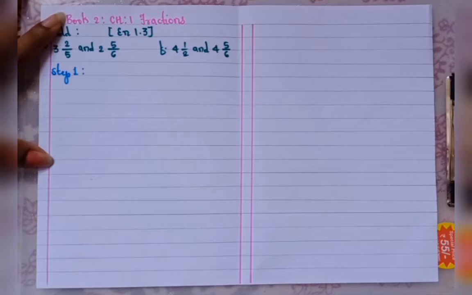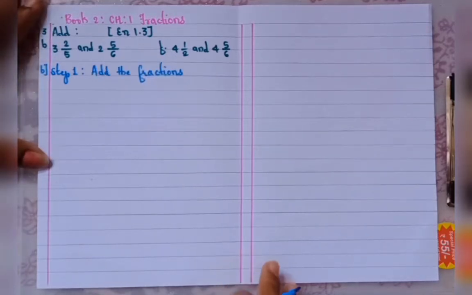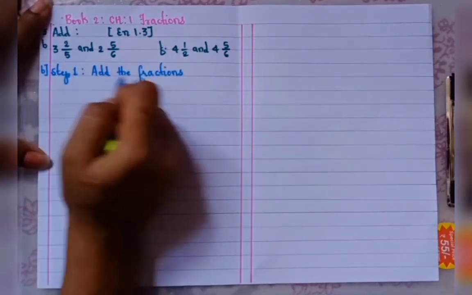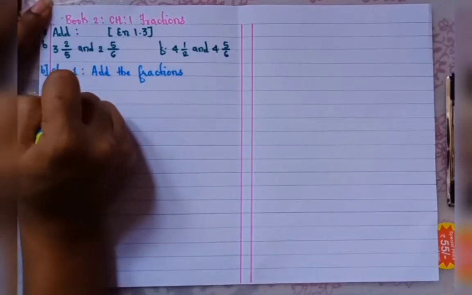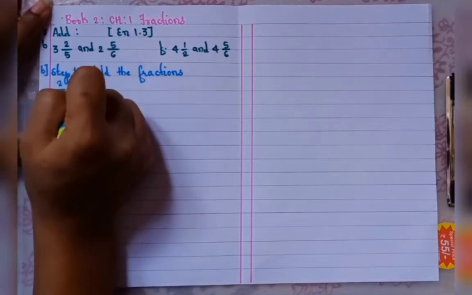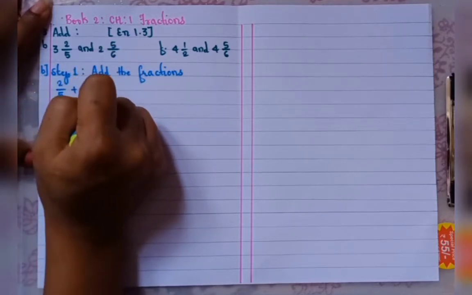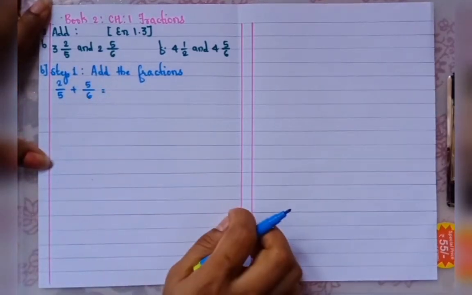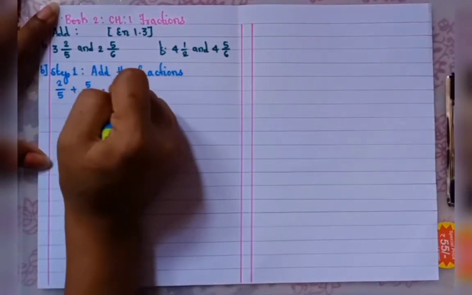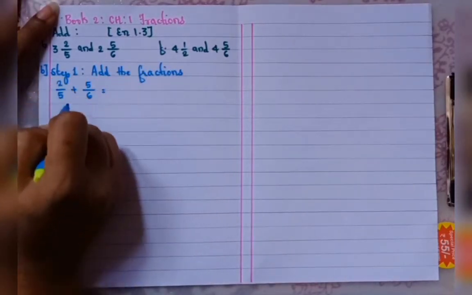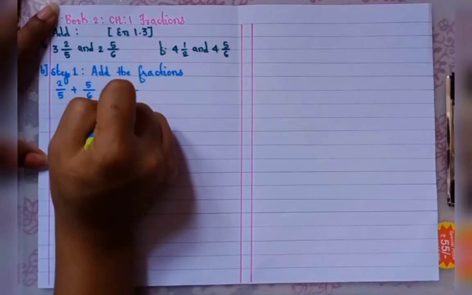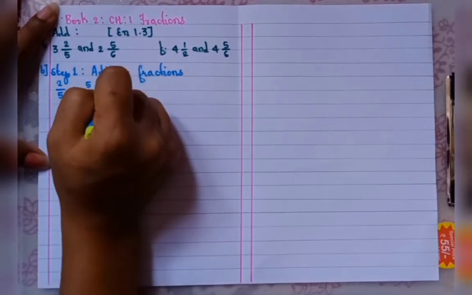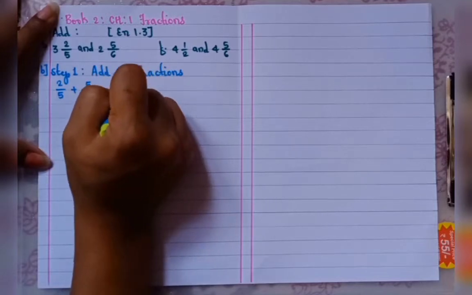Add the fractions. We shall start solving the B example first. I'll add the fraction 2 by 5 plus 5 by 6. The LCM of 5 and 6 is 30. Therefore, let's make the denominator 30. 5 into 6 gives you 30, so multiply the numerator also by 6.